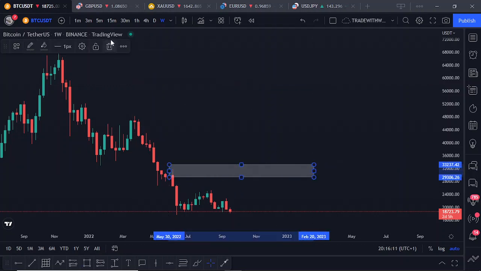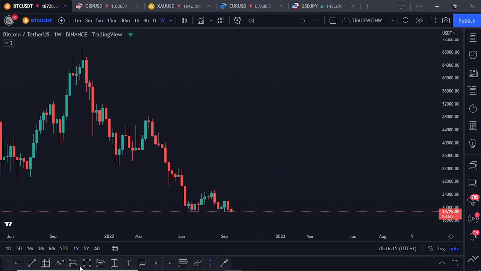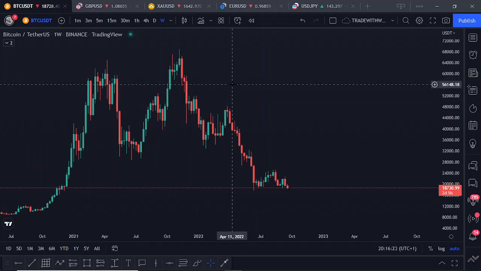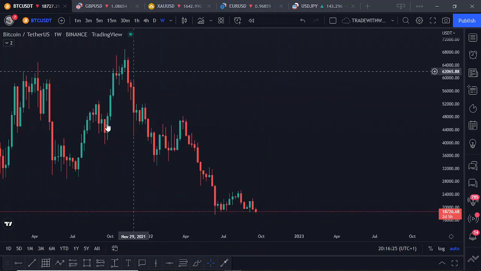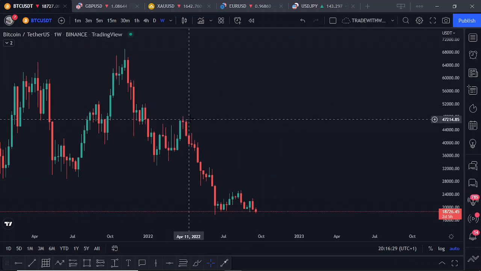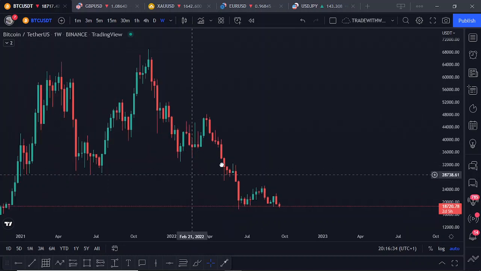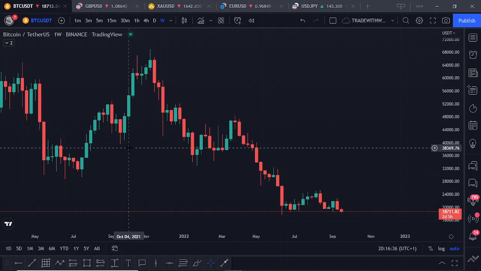So now, how do you identify these demand and supply zones? First things first, you look at the trend, which is the structure. Then secondly, you look for where the market has broken a previous low or a previous high. Now we're looking for supply zones. It means we're looking for higher zones to sell from. Then how do you get this higher zone?